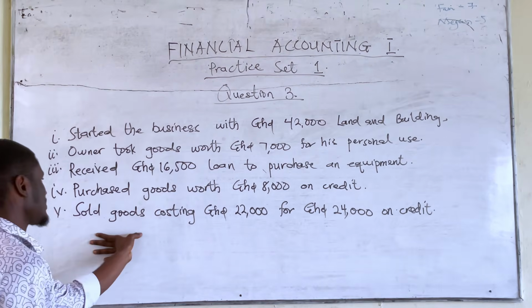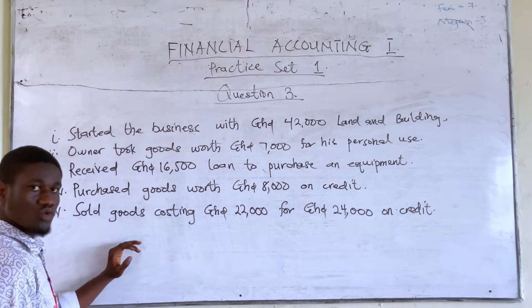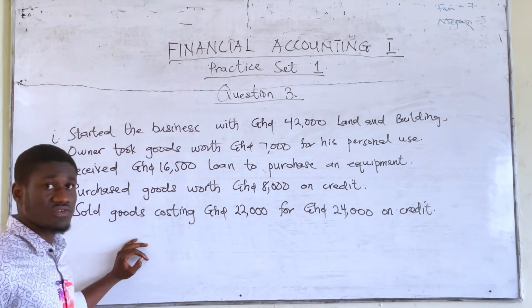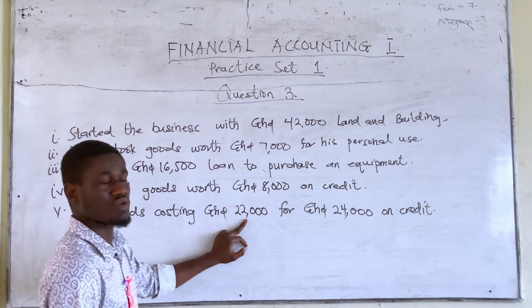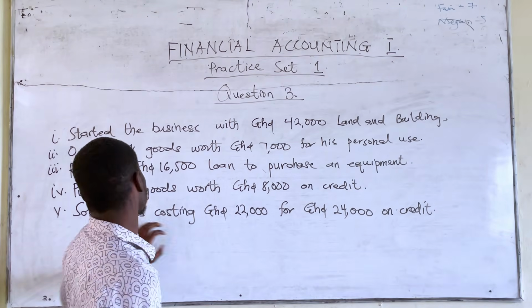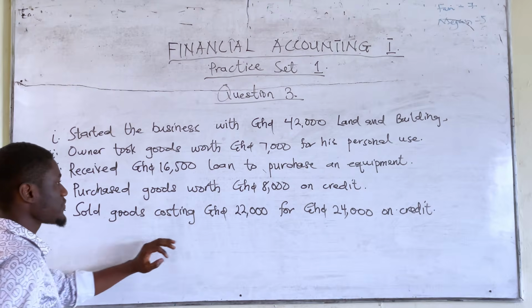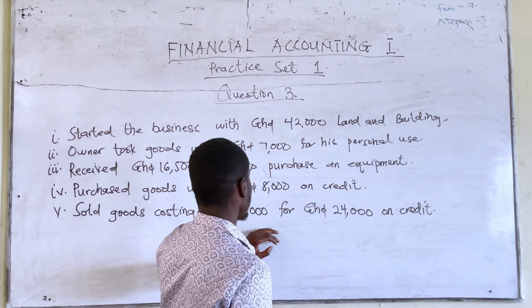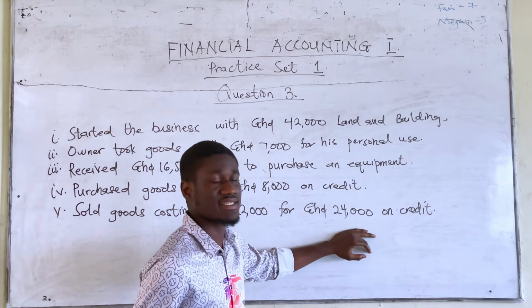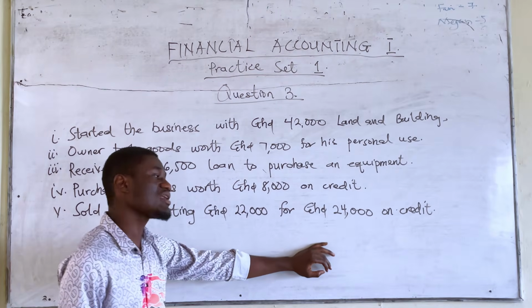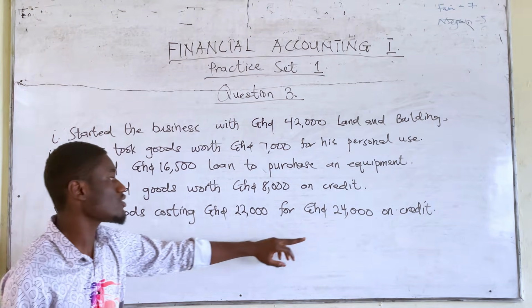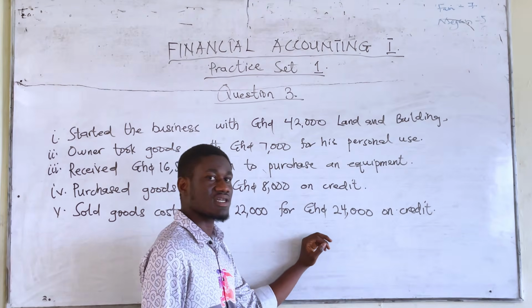If you want to cross check, when we sell goods, our goods will decrease. That's what the question said: a decrease in stocks by 22,000. We sell to debtors on credit for 24,000. If the debtors were owing us zero, now they owe us 24,000 Ghana cedis.